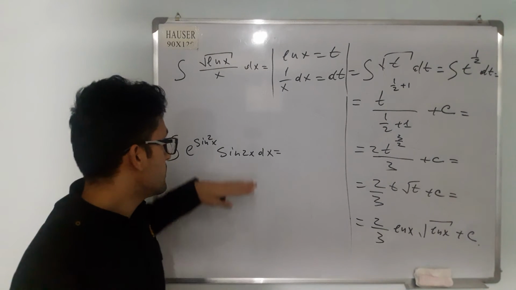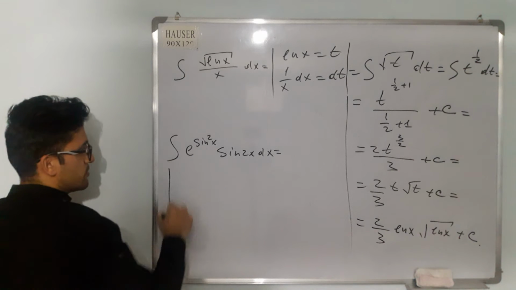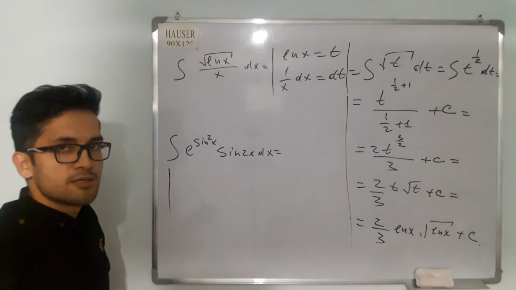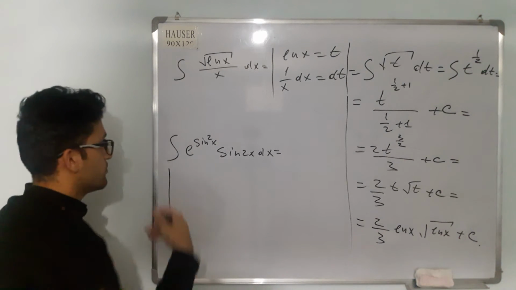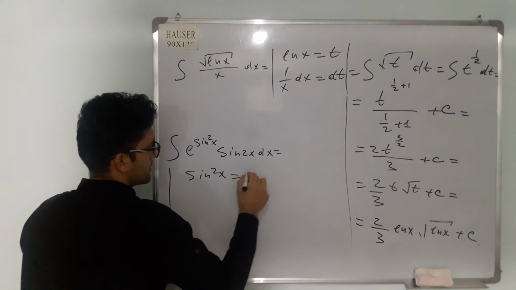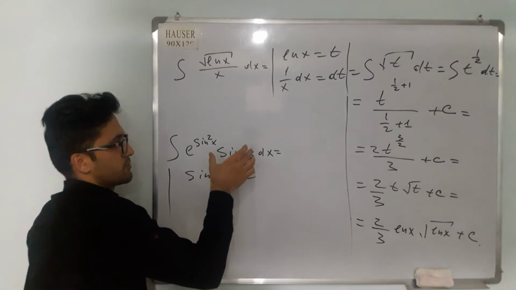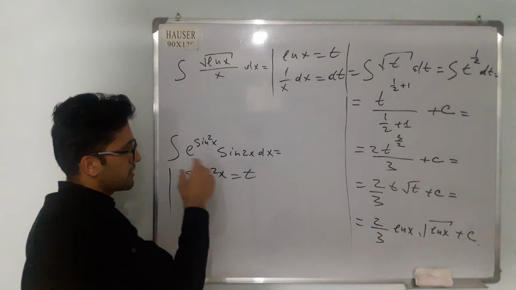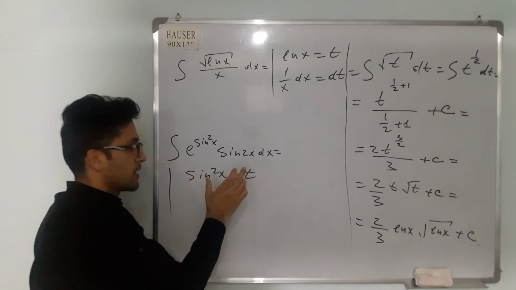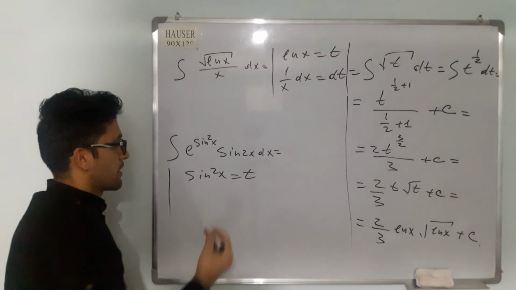Okay, let's see another equation. Here we may use labeling or substitution. We label sin squared x as t, because when you take a derivative of both sides, sin 2x may come out.